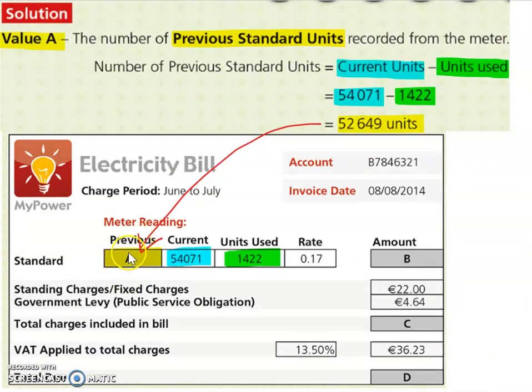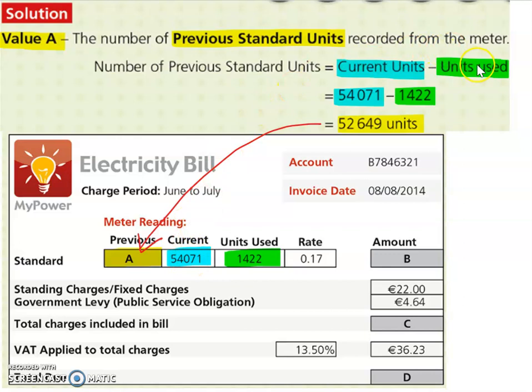Okay, so to work out A, value A is the number of previous standard units recorded from the meter. So the number of previous standard units is going to be the current units minus the units used. So the current units I've highlighted here in blue is 54,071.